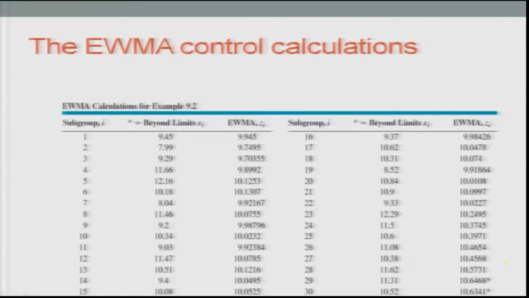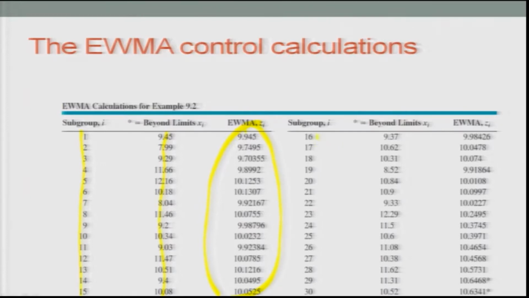The calculations are continued, subgroups 1 to 15 are given, and you give the limits as the values which are given. Now, you find out the weightages. Obviously, weightages would depend on a value of 20% and 80%, that is, lambda is 20% and 1 minus lambda is 80%. Based on that, you find out the values of Zi.